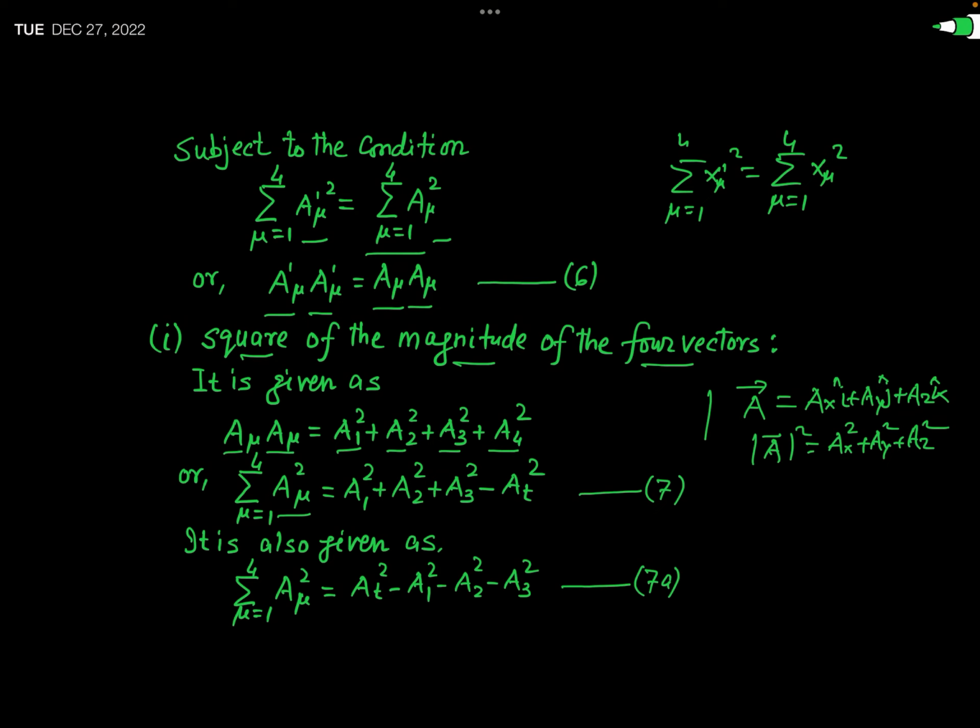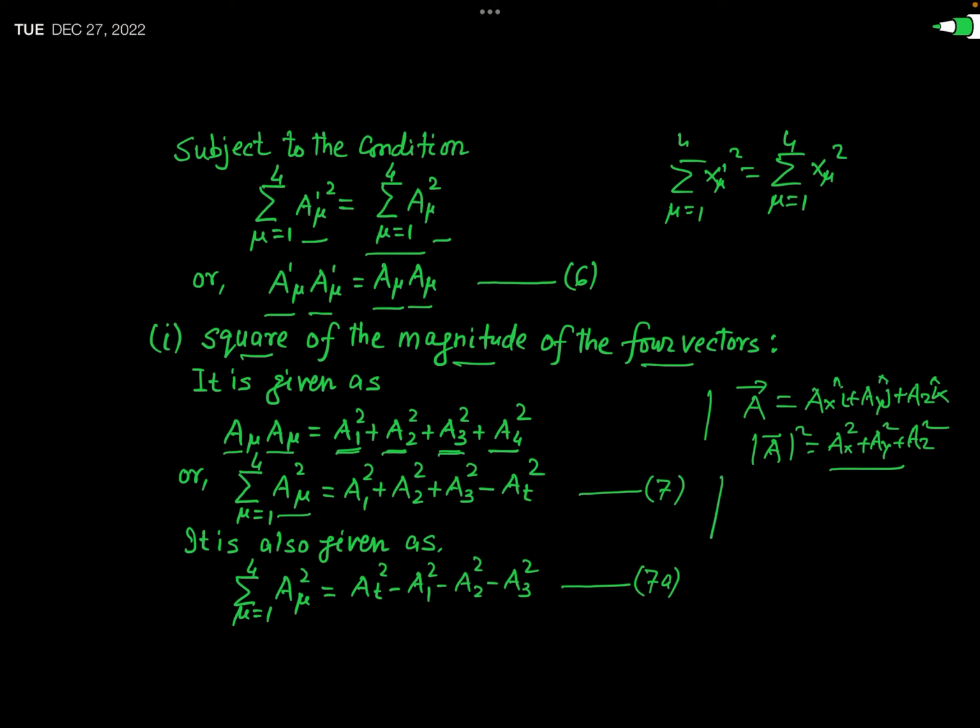Since this transformation is also orthogonal, in similar manner you can say that a mu square is simply equal to a1 square plus a2 square plus a3 square plus a4 square.